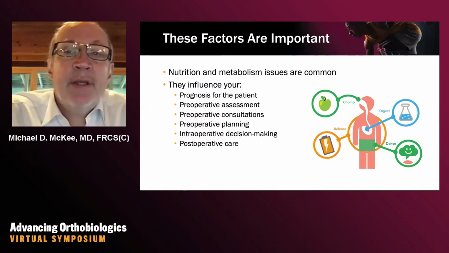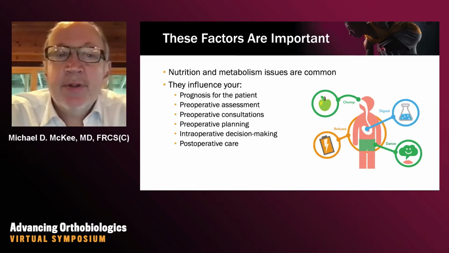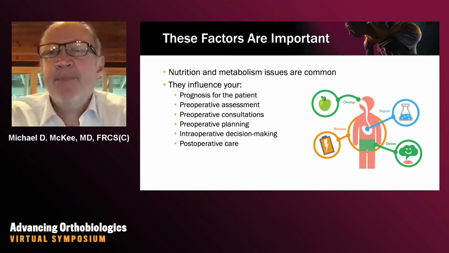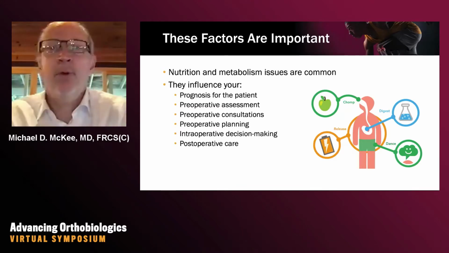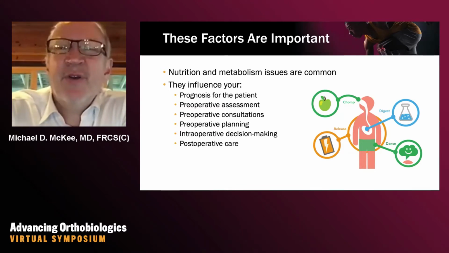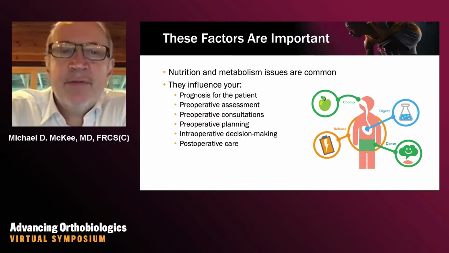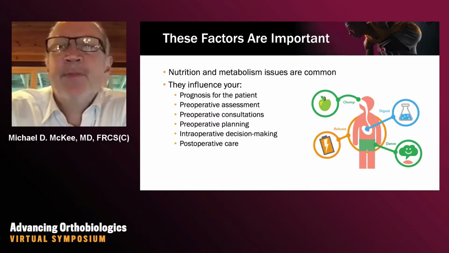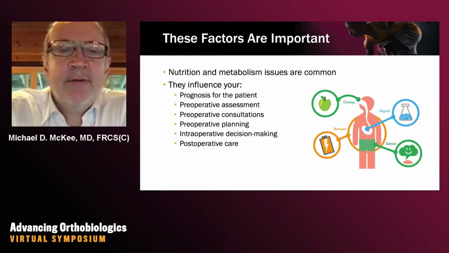They can affect your preoperative assessments. What you're looking for may not just be the wound and the range of motion and the pain at the fracture site, but it can be, hey, is this person still smoking? Are their fingers yellow from cigarette smoke? Are they bone thin? Do they eat tea and toast for breakfast and lunch and dinner, and that's their main source of nutrition? And this is something we'll talk about again later in the talk.